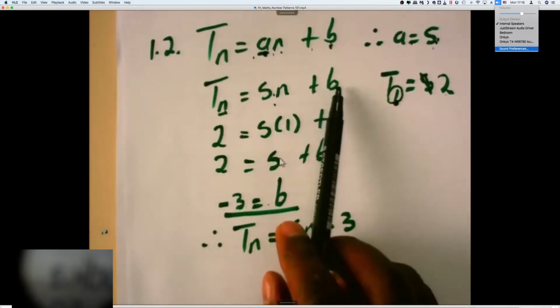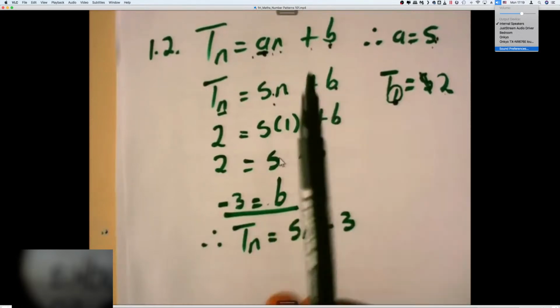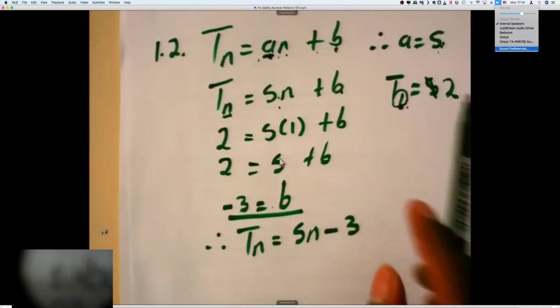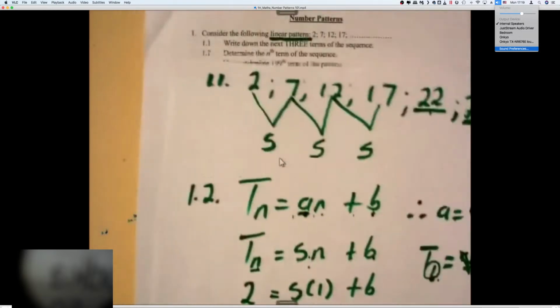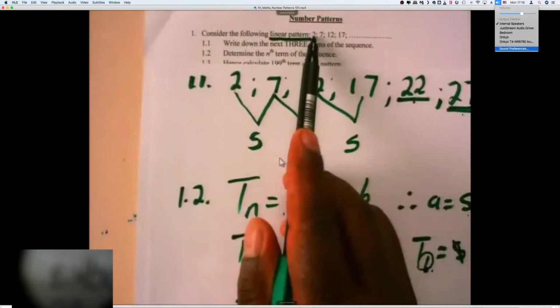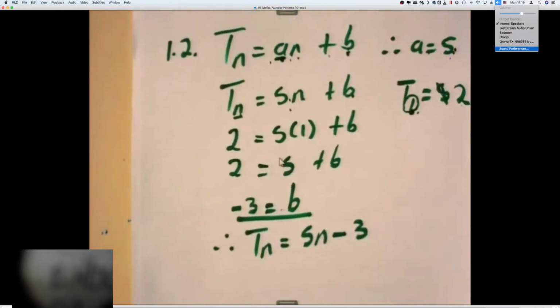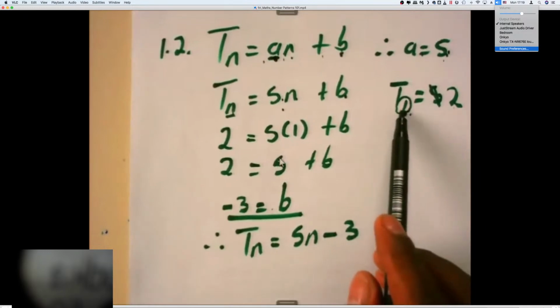So we need to determine the value of b. Check term number 1. Our first term there is given as 2. From the sequence, you can check the first term is 2. So if our first term is 2, we say t1 is equal to 2.